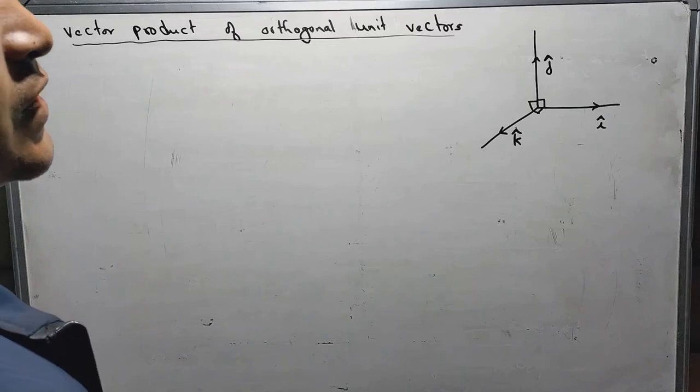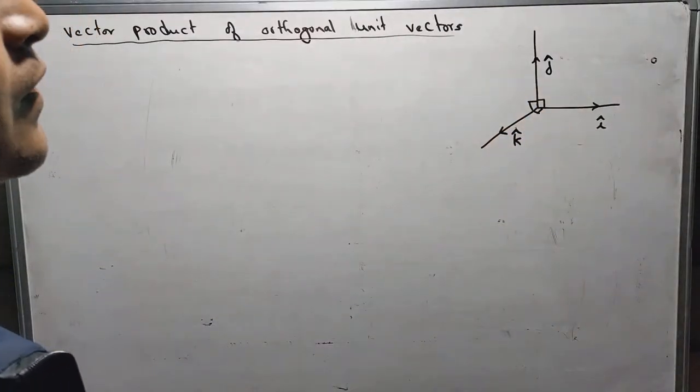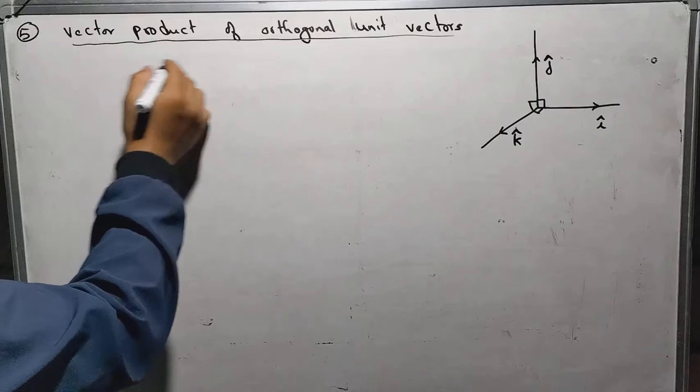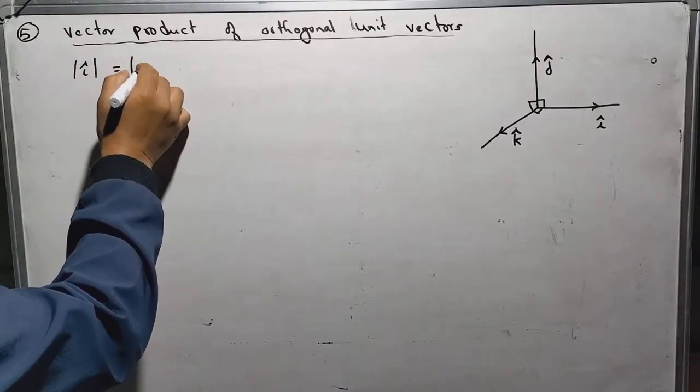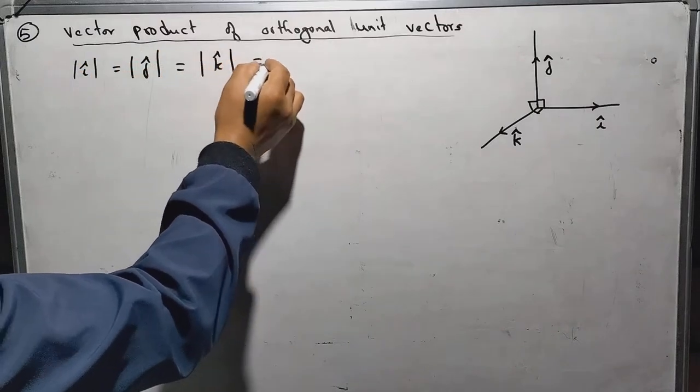In other words, the angle between any 2 unit vectors is always equal to 90 degrees. Okay, right? So now, the magnitude of i cap is the same as the magnitude of j cap, is the same as the magnitude of k cap, and it is always equal to 1.